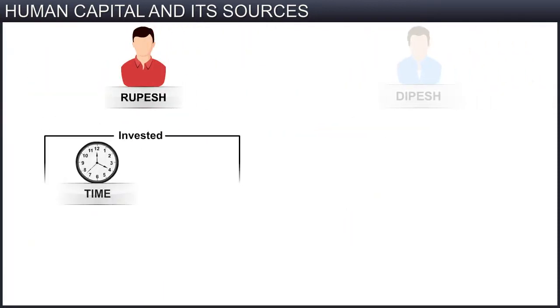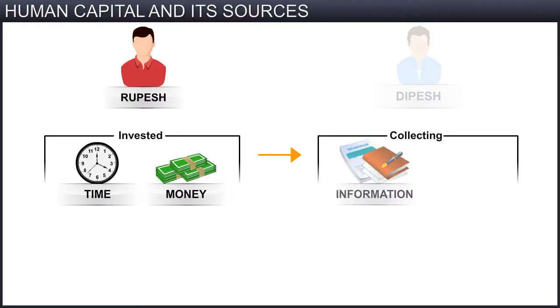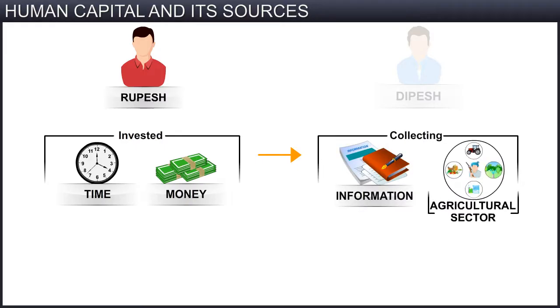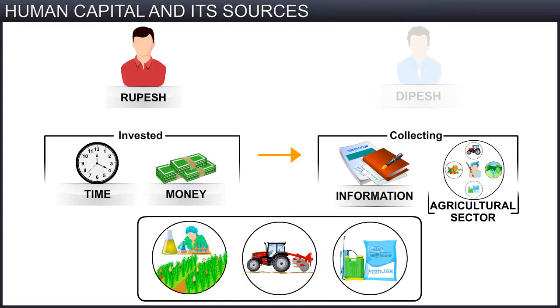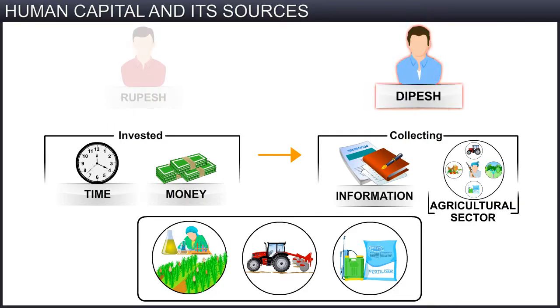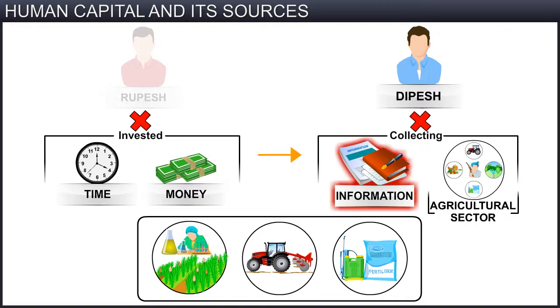Rupesh invested a lot of time and money collecting relevant information on the agricultural sector, especially pertaining to best practices, new technologies, and improved methods, etc. This information helped him to make sound decisions on his own agricultural practices. Dipesh, on the other hand, didn't invest any time and money collecting such crucial information.